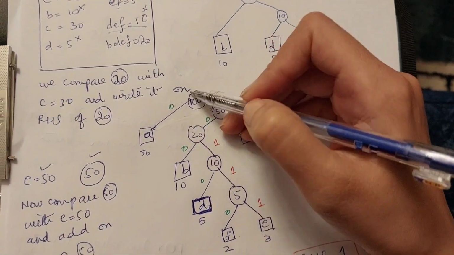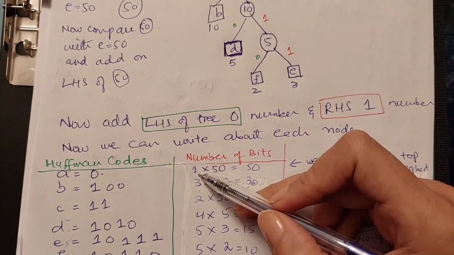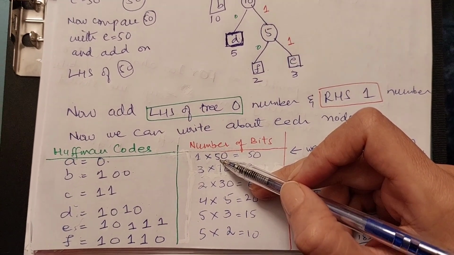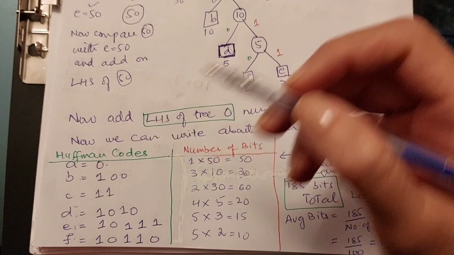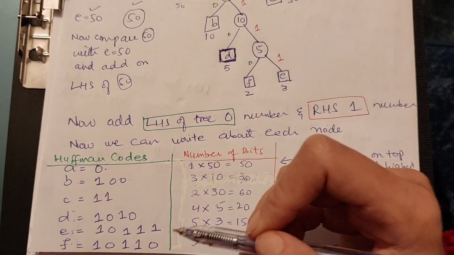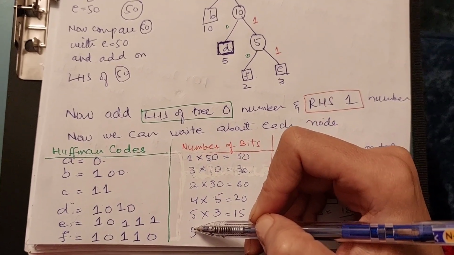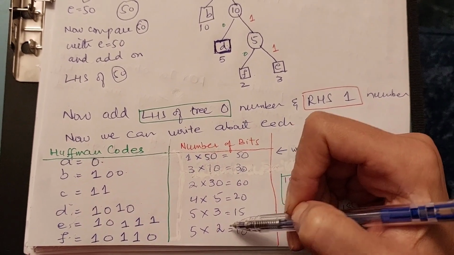This was the smallest path, so that is why you have got the least number of bits which you had to multiply with a very large frequency. If you had placed this A maybe here, and the path of A was this long, then with 50 you would be multiplying 5, and it would have been 250. It would have been a large number.